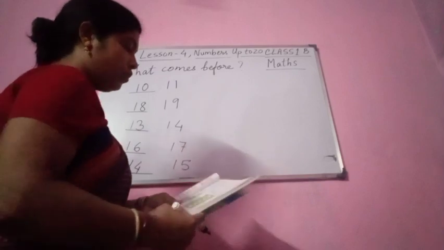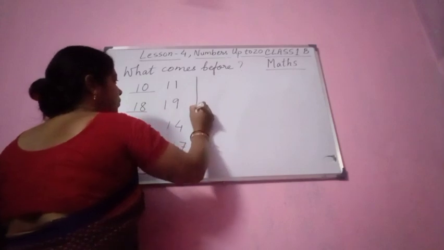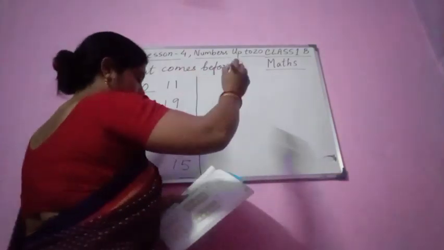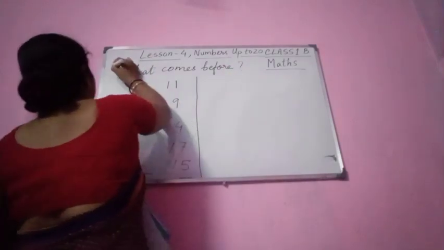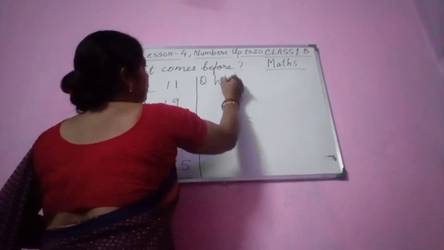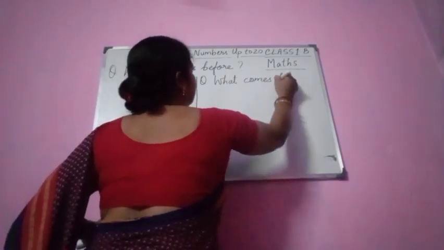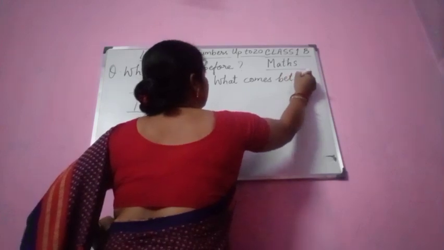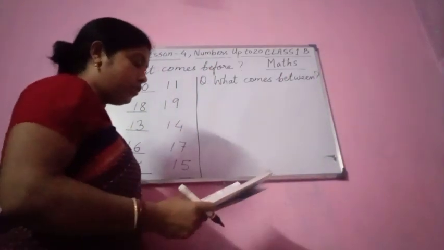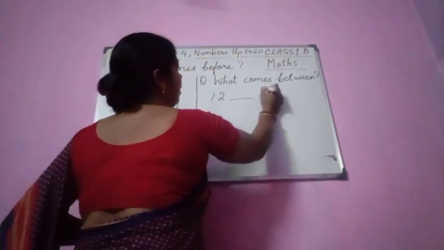Okay, next one you see what comes between. Let us do here. Next question you see what comes between. This is the question. Okay, let us write down here. Now you see here, we have to find the number that comes in between.